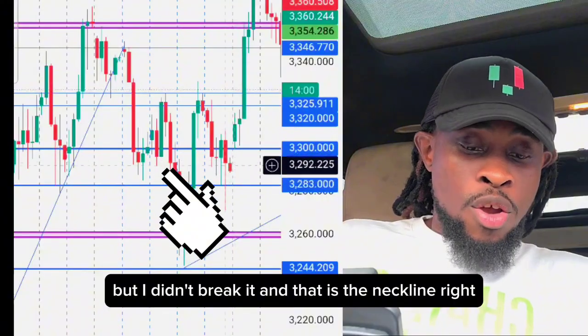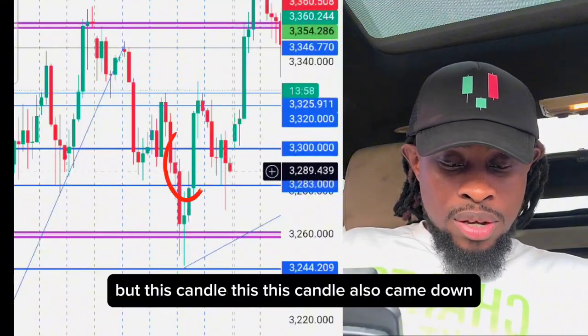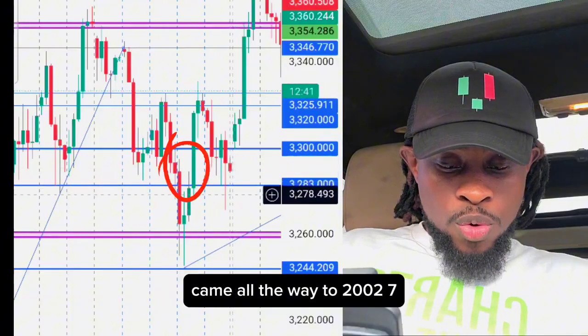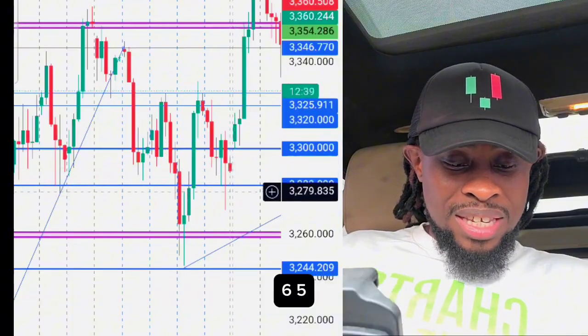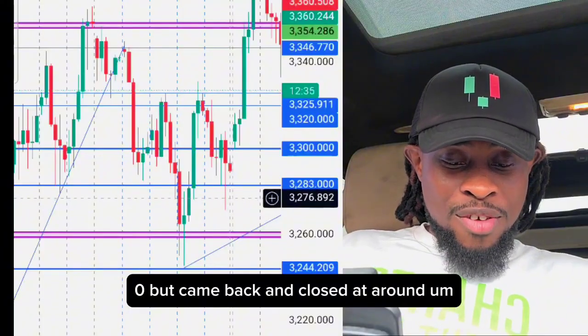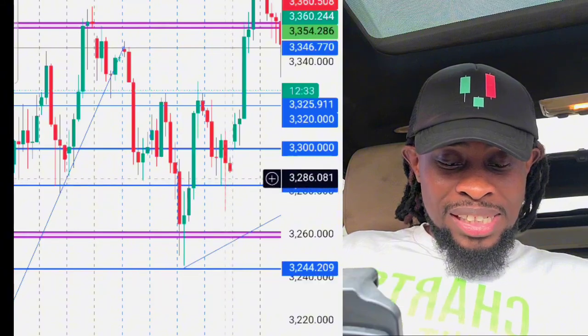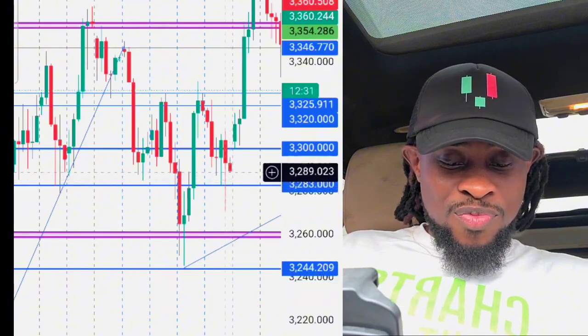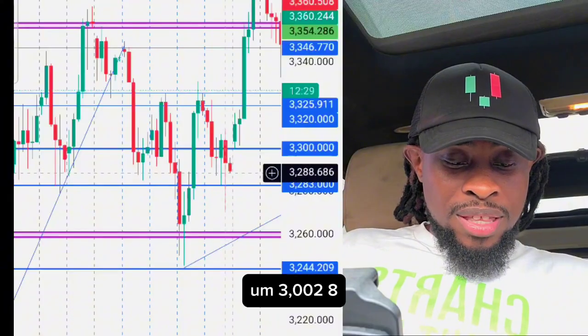That's the neckline, right? This candle also came all the way to 3,276.50, but came back and closed at around 3,288.